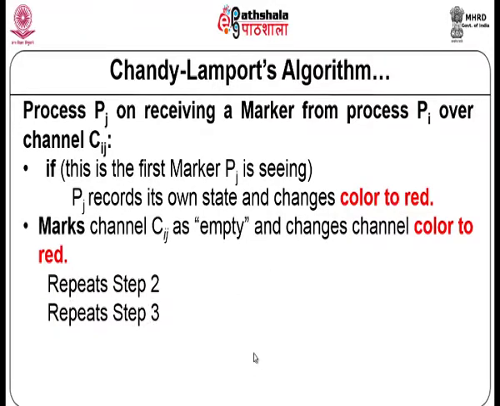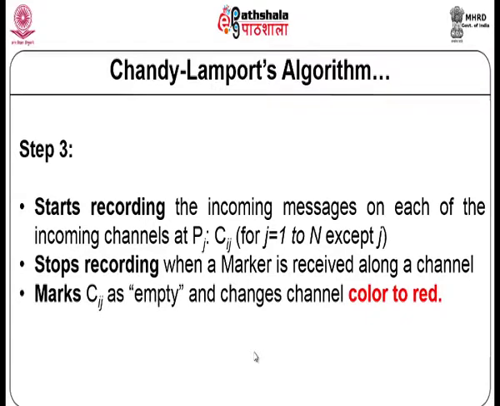And then it repeats step 3, and here is our step 3. Step 3 says, I keep on recording my incoming channels' messages. I wait for a marker to come. As soon as the marker comes, I stop recording and I declare that channel to be empty and red.